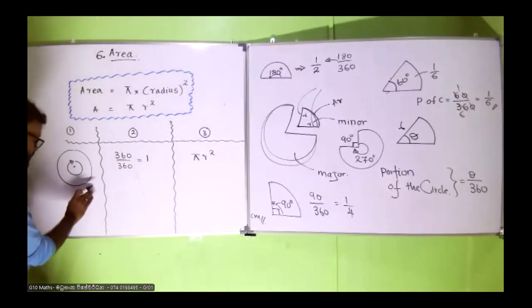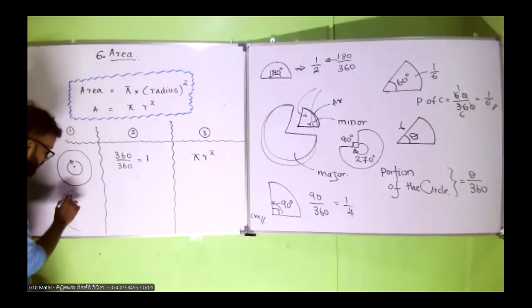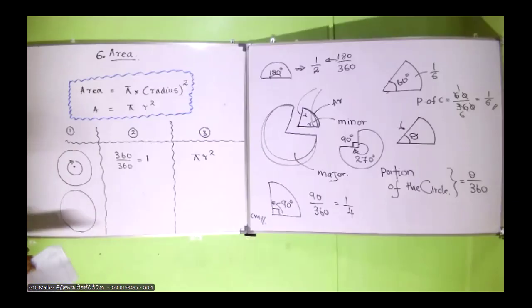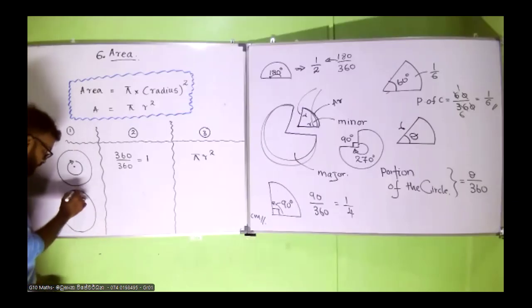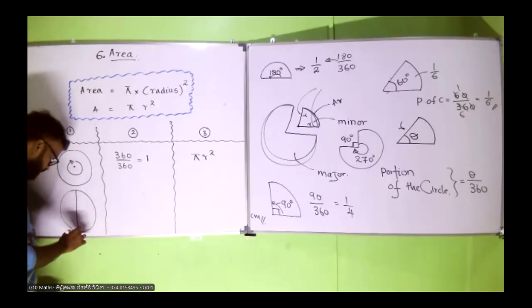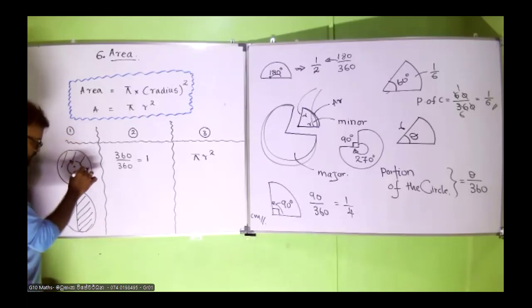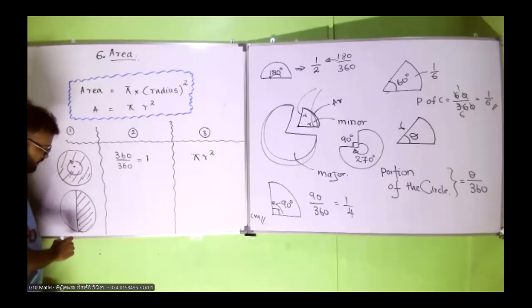Now, in the second figure, half of the circle has been shaded, where the radius is r.